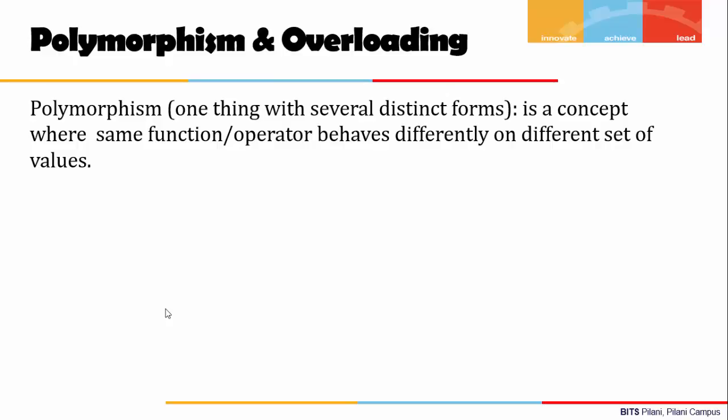But these objects are polymorphic because although they all behave in a different way, the same method can be used to interact with them, and that method is derived from a superclass. So the same function behaves differently on different sets of values, and it is derived from a superclass.